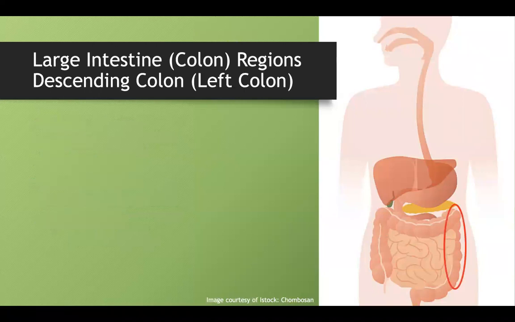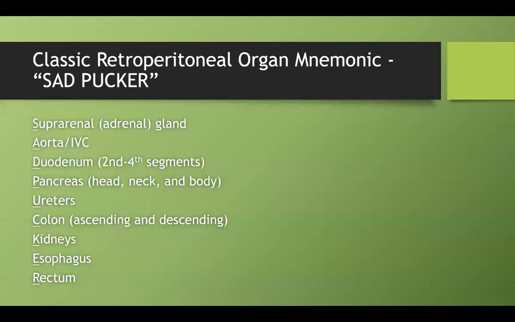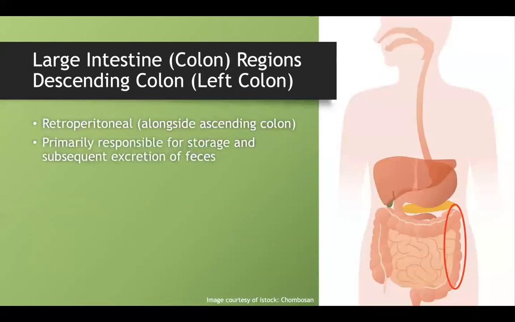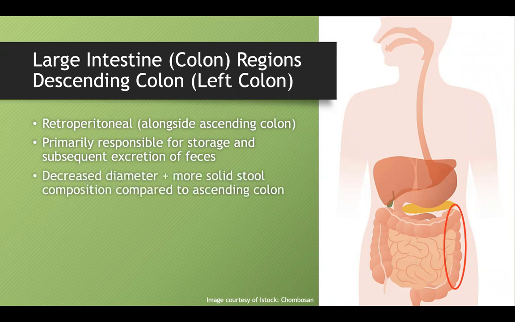Moving on to the descending colon, also known as the left colon, again, this is a retroperitoneal structure. And going back to this slide, you can see the descending colon is included. And this is more responsible for storage of feces. It's less responsible for absorption. At this point, most of the absorption has already taken place.